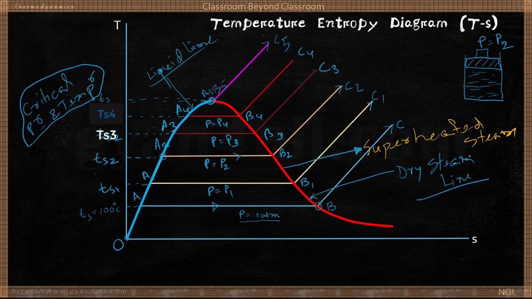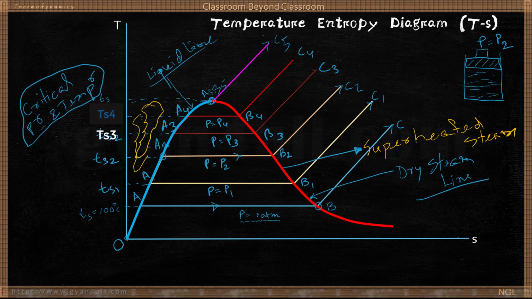And if we go towards the left side of the liquid line, what will we get in this region? Definitely it will be liquid. So this is the liquid region.